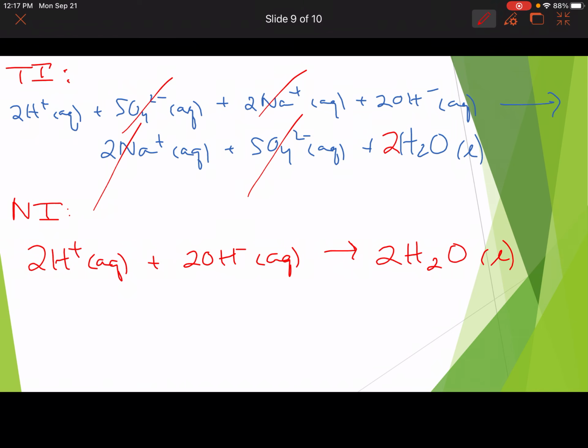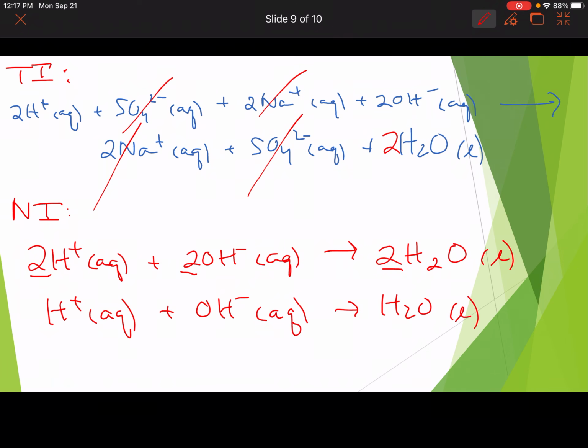This is my net ionic equation, except what do I need to remember to do with that? Yeah, I have to reduce that. If you'll note here, the 3 molar coefficients can all be reduced. If I divide them all by 2, I get 1. So my overall net ionic equation, H plus plus OH minus goes to water liquid.